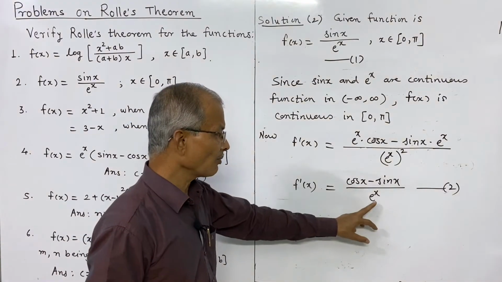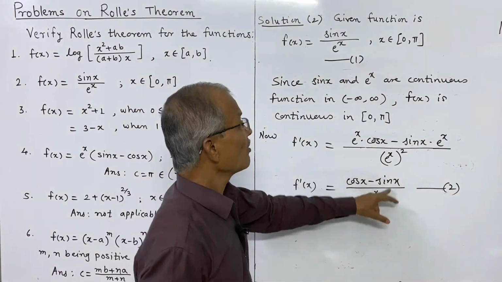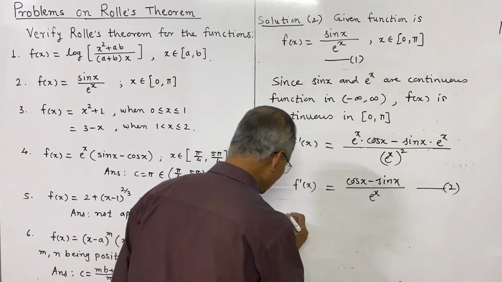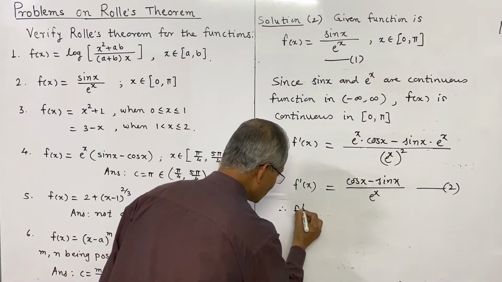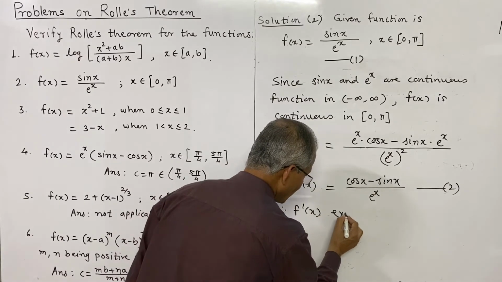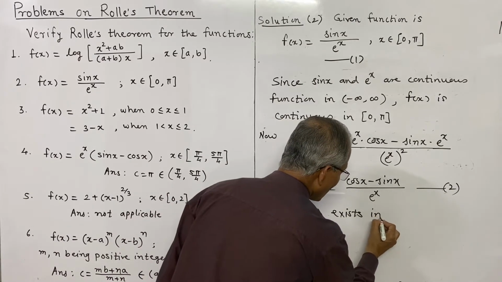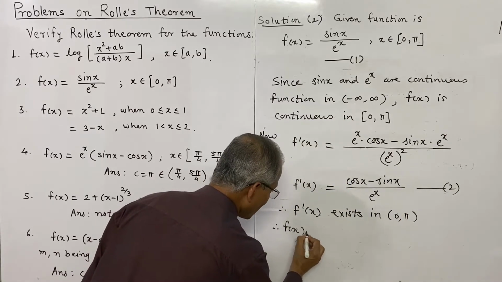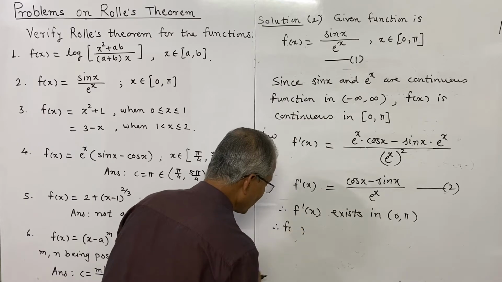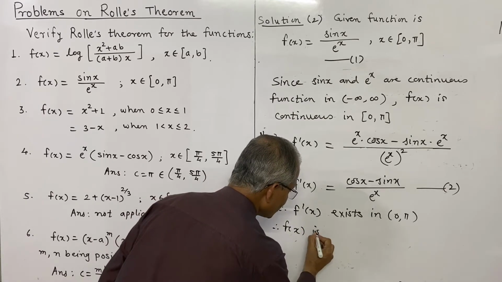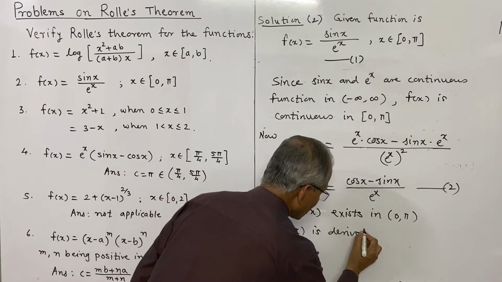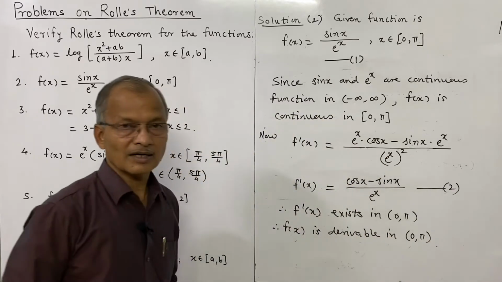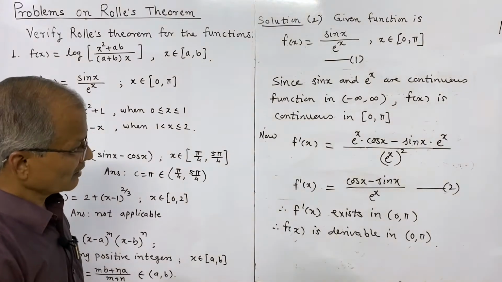It will tend to 0 for x at minus infinity, but we have to consider the open interval 0 to pi, and therefore this f dash x exists in the open interval 0 to pi, and that means f of x is derivable in the open interval 0 to pi. The second condition of Rolle's theorem is satisfied.